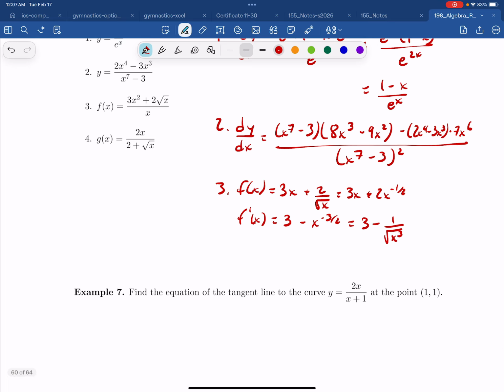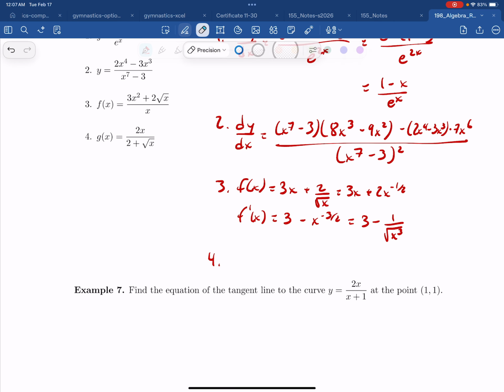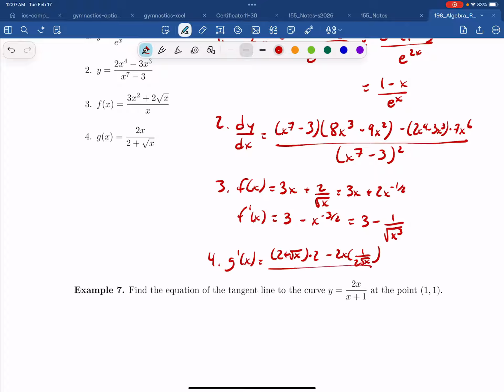And then number 4, I don't think we're getting out of using the quotient rule for number 4. So we're just going to have low d high. Oops, I guess we should write g prime of x equals low d high minus high d low, and that's going to be 1 over 2 root x, all over low squared. We could simplify this a little bit, right? Looks like we're going to have a factor of 2 here.